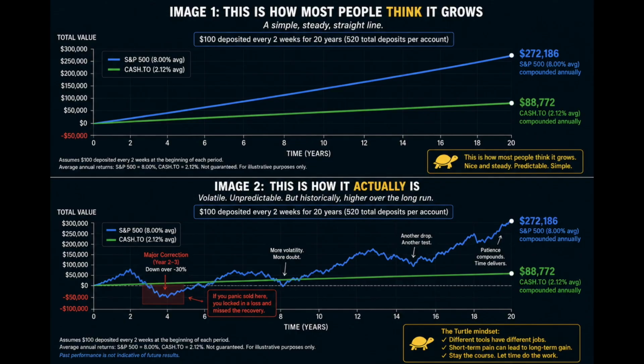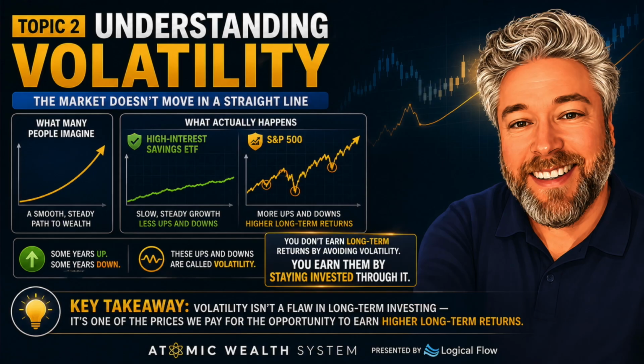You don't earn long-term returns by avoiding volatility, you earn them by staying invested through it. The key takeaway is that volatility isn't a flaw in long-term investing. It's one of the prices we have to pay for the opportunity to earn higher long-term returns.